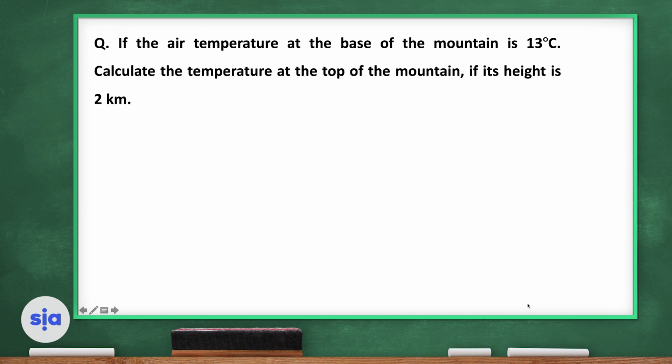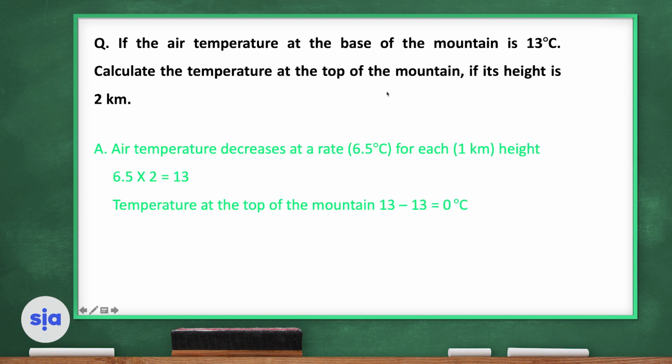Now let's solve this problem together. If the air temperature at the base of the mountain is 13 degrees Celsius, calculate the temperature at the top of the mountain if its height is 2 kilometers. So what is needed? The temperature at the top of the mountain. And remember the rule, air temperature decreases at a rate of 6.5 degrees Celsius for each 1 kilometer of height.